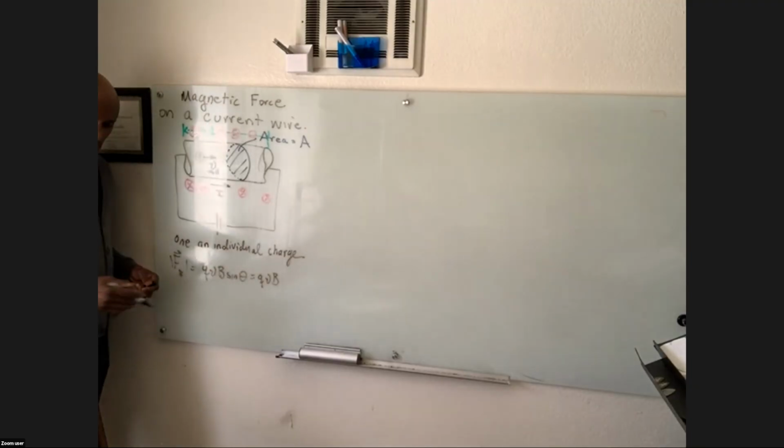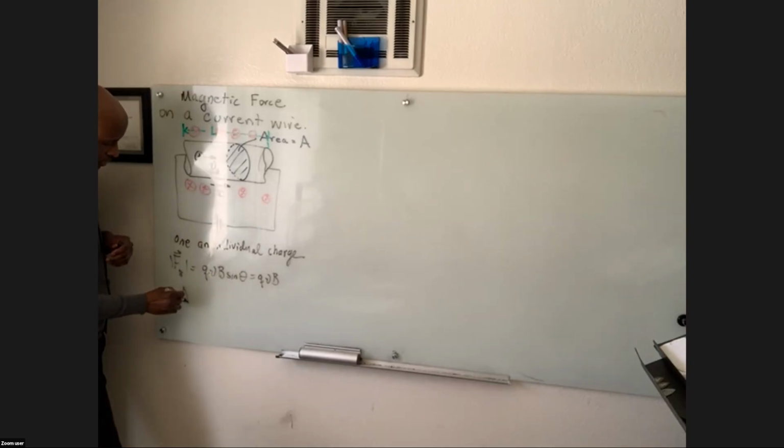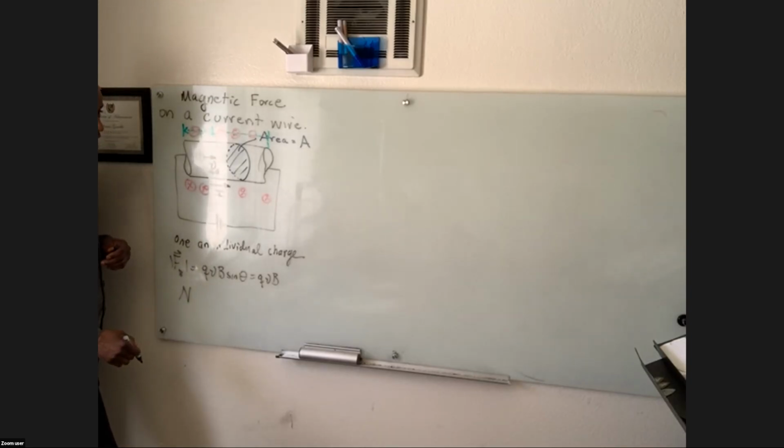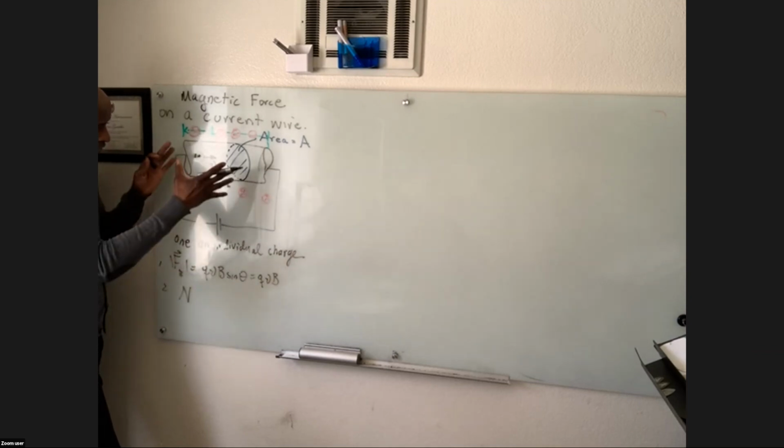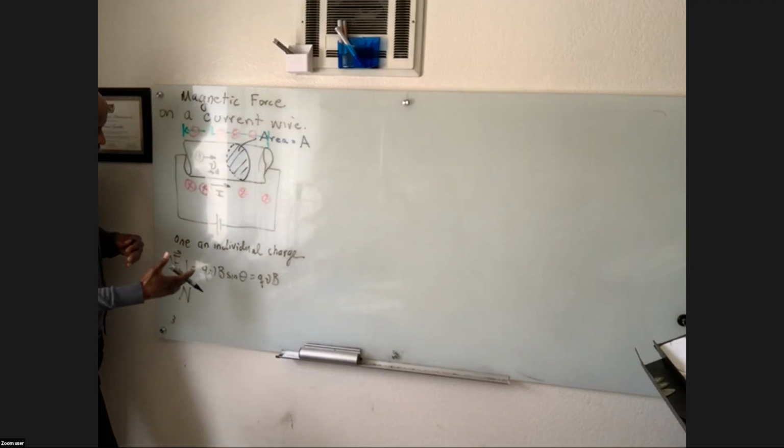But let's say that we get a bunch of charges, and I'll do this quickly now. So we have N number of charges, and basically we have an individual force on each of these charges. So the net force on the wire is going to be equal to the vector sum of the forces on all the individual charges.